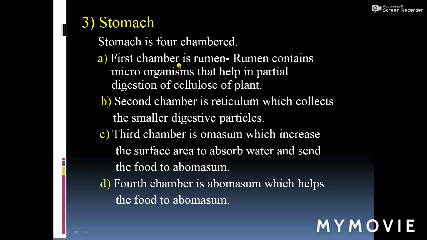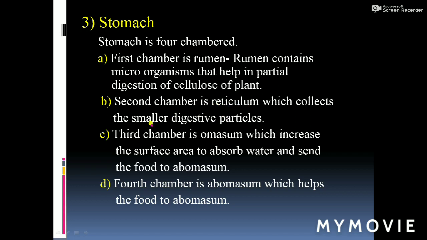Now second chamber is reticulum. You see here reticulum, which collects the smaller digestive particles. It means digestion starts in the mouth and passes through the esophagus, and the food is digested into smaller particles, and this is collected here in reticulum.